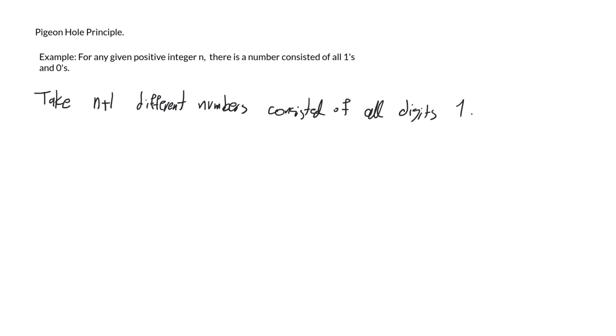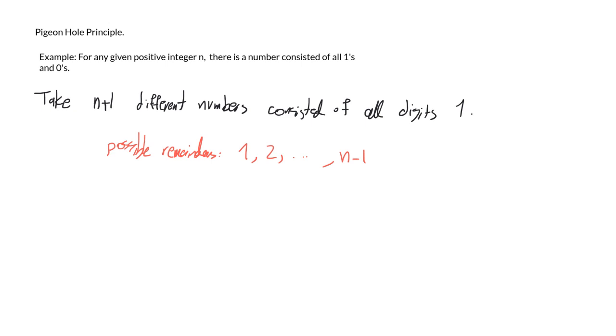Now observe that when we divide these numbers by n, each of these numbers has a remainder. Since we have n plus 1 numbers and the possible nonzero remainders of division by n are 1, 2, all the way through n minus 1, correct?